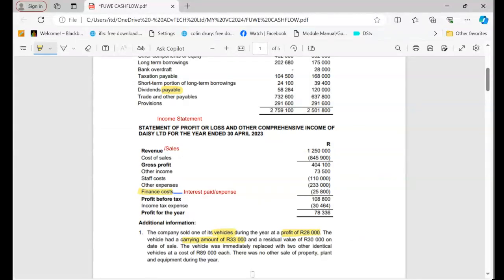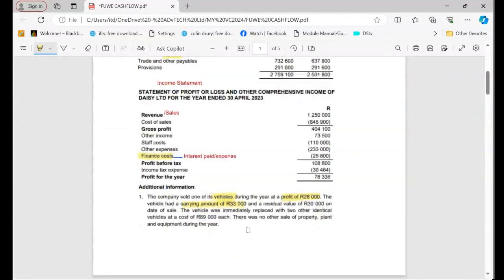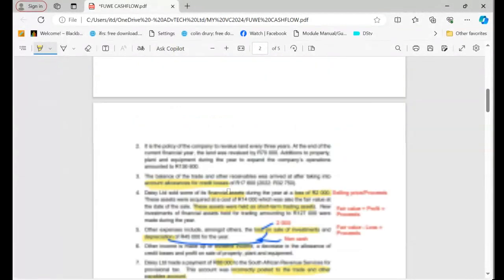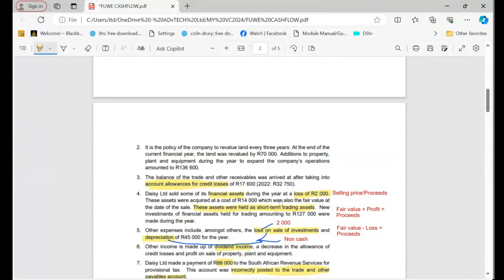It doesn't matter which one we deal with first, because obviously we are seeing these first. I don't want us to wait so that we forget. Carrying value. Here, instead of saying carrying value, they said what? Fair value.